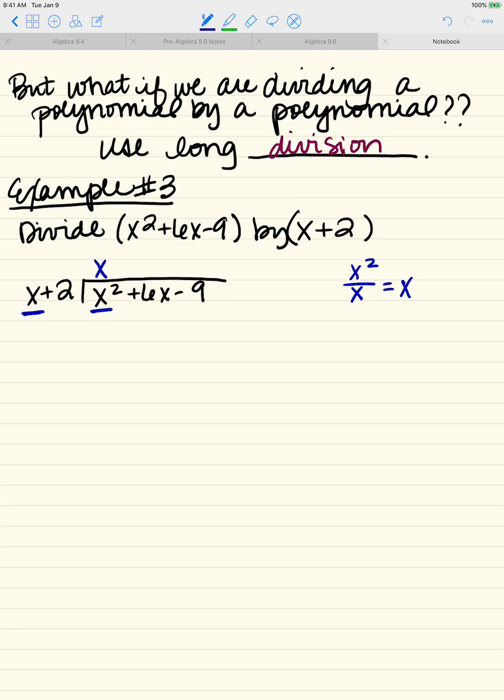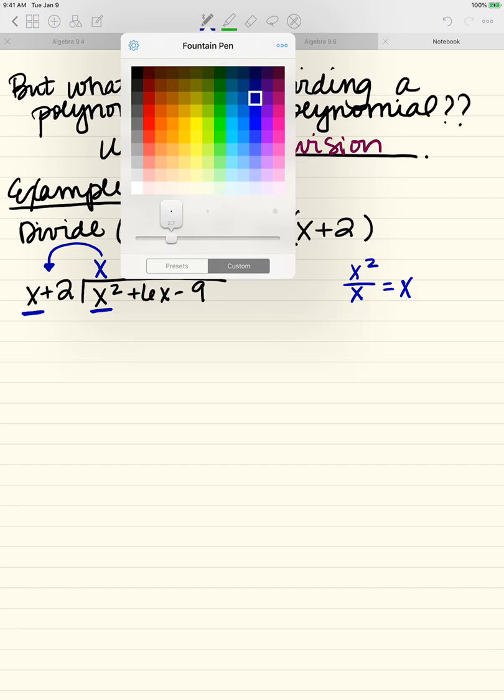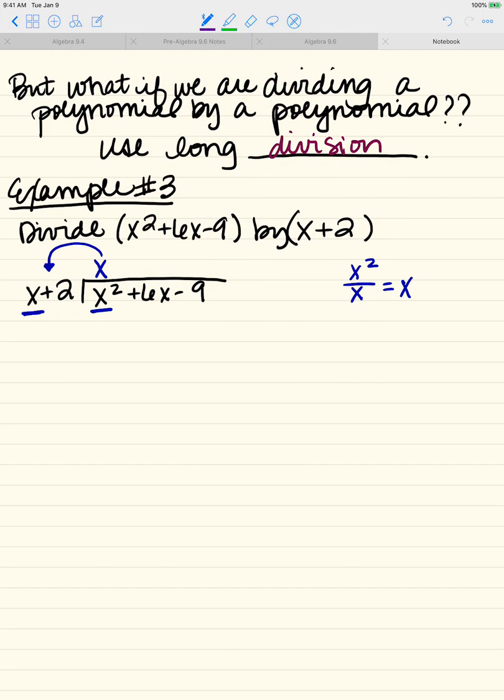Now, just like long division, we take this x and multiply it by the divisor. So we get x times x plus 2. First we do x times x, which gives us x squared. x times 2 gives us 2x.